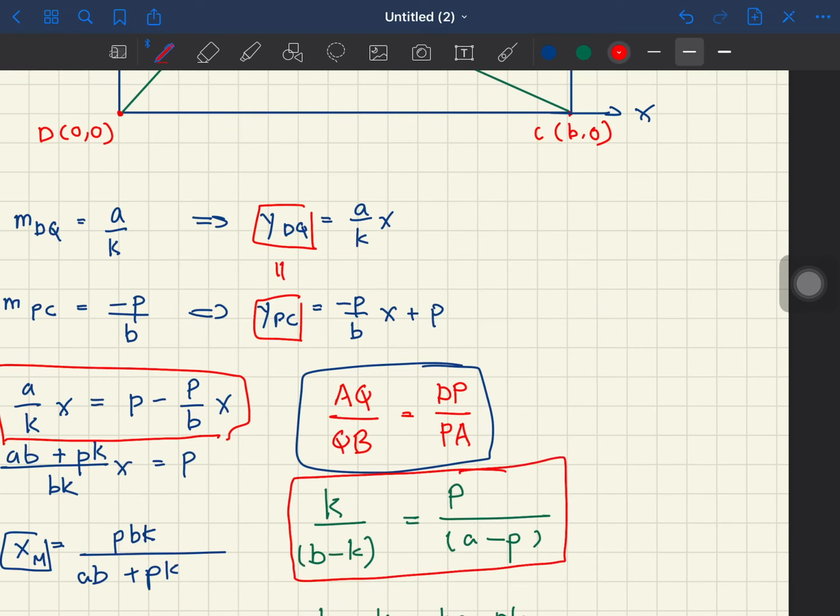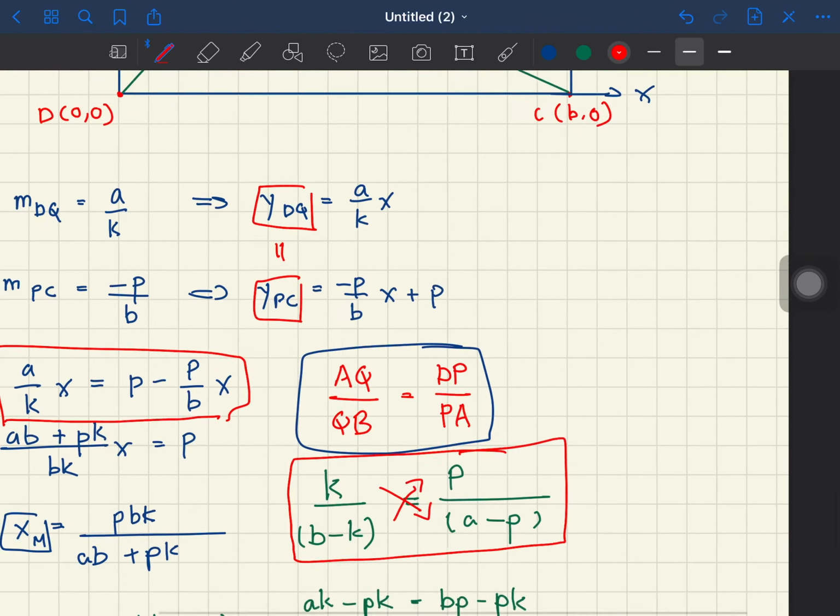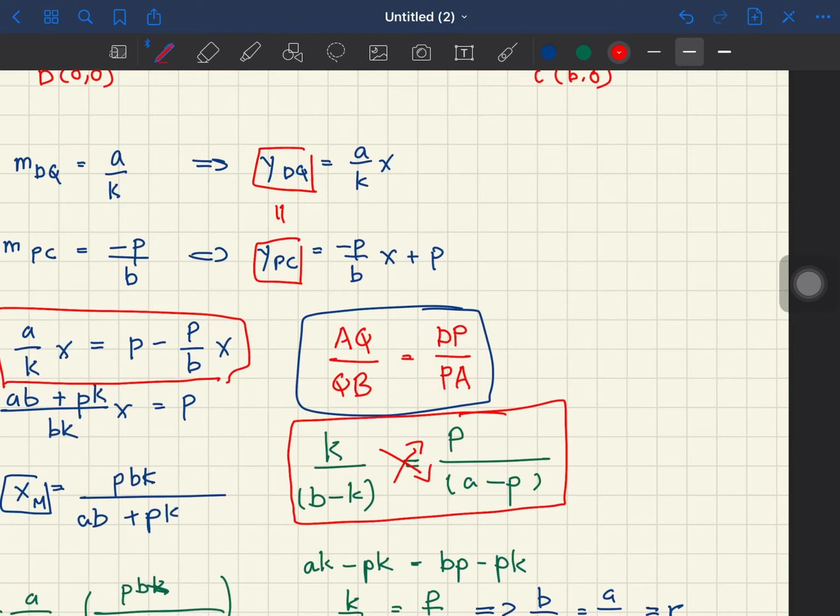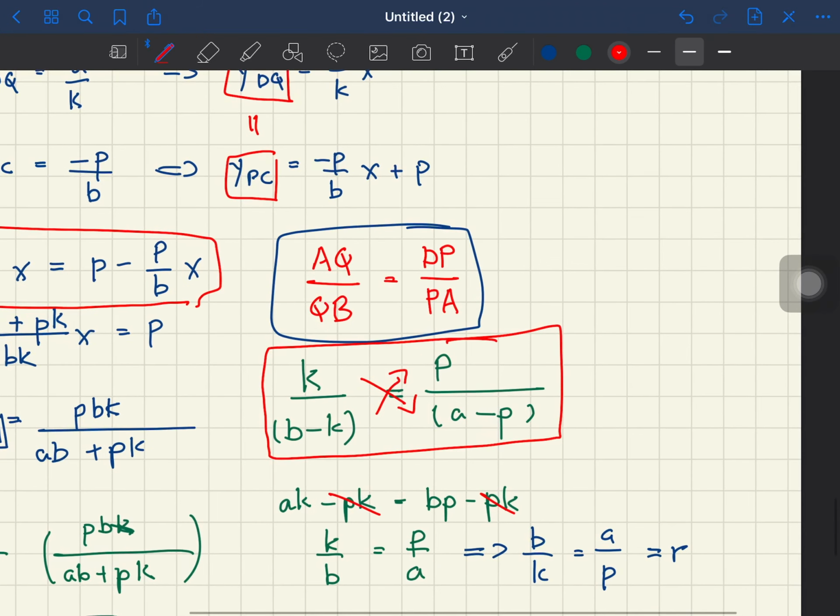And then you can cross multiply, just to get rid of the fraction, and you will be able to cancel out the negative PK and leave AK equals BP.